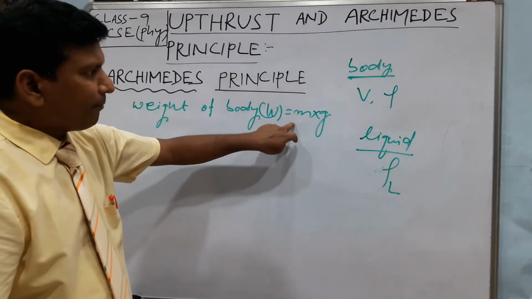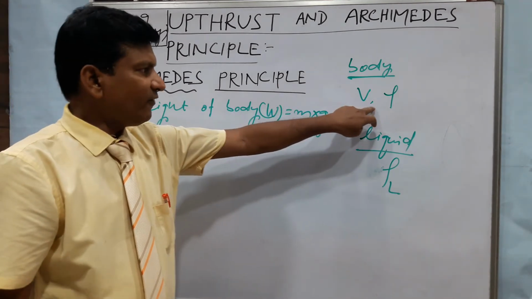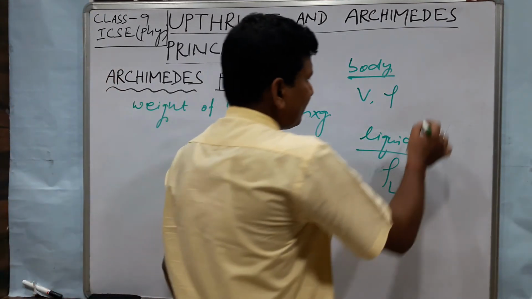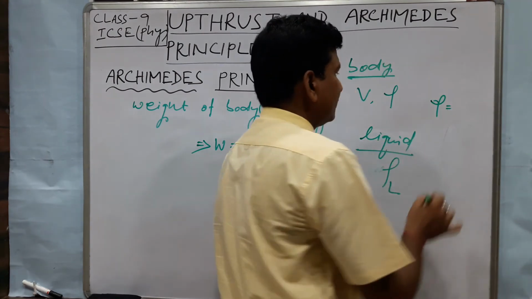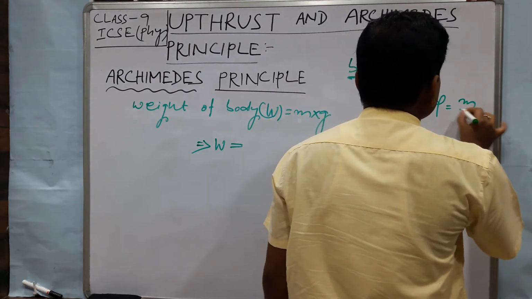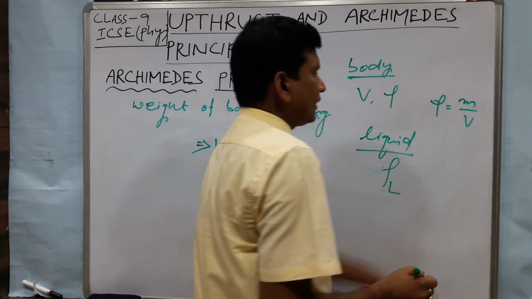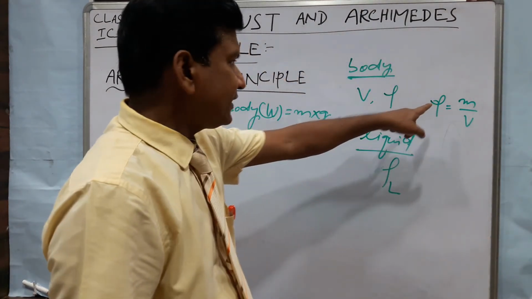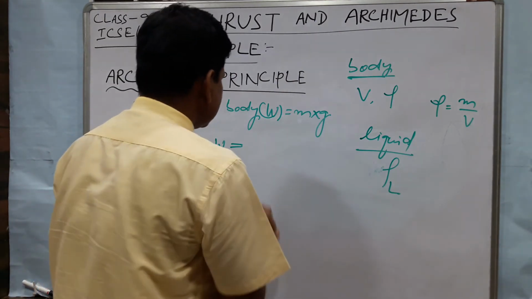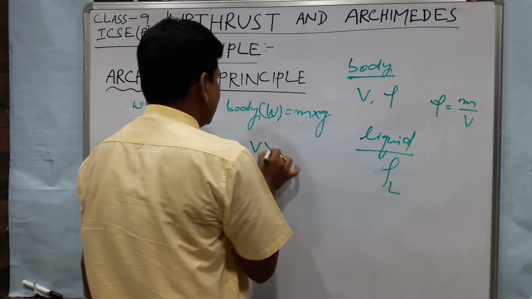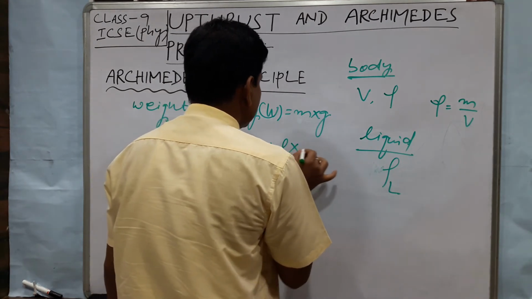Now we will substitute m in the form of V and rho. From the formula we know that density equals mass by volume. Therefore mass equals volume into density. So in place of mass we will write volume into density. So V into rho into g.